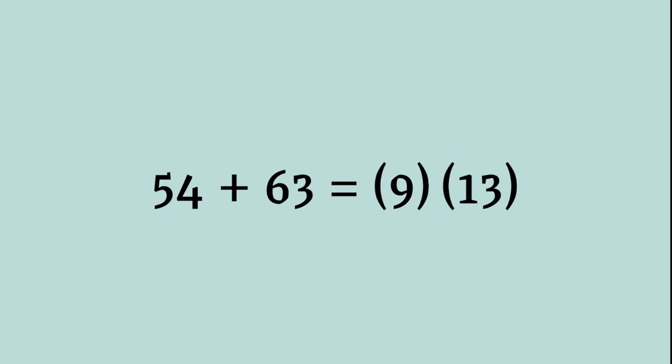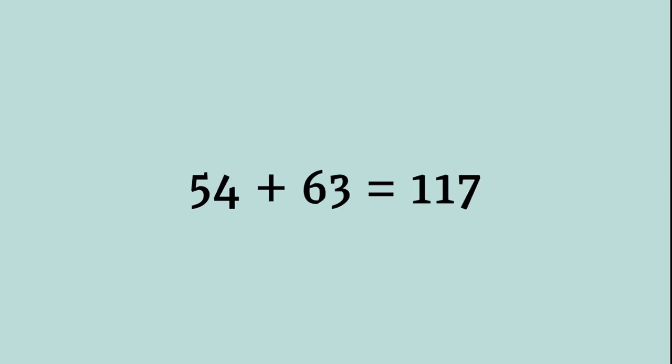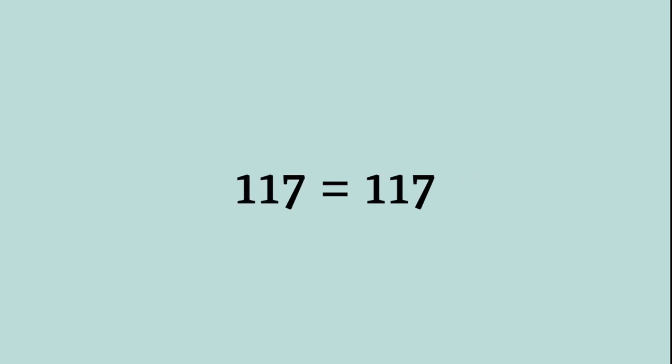Now we have 54 plus 63 is equal to 9 times 13, or 54 plus 63 is equal to 117, which we know is true. From that, we can see that DPMA's property of transferring the numbers in the first parentheses to the second parentheses are indeed correct. Simple enough, right?